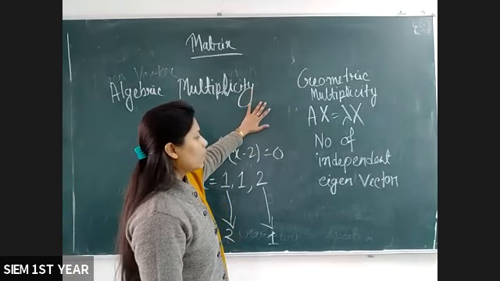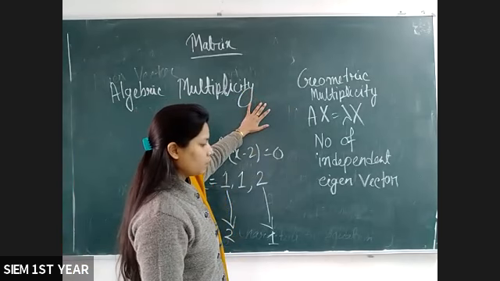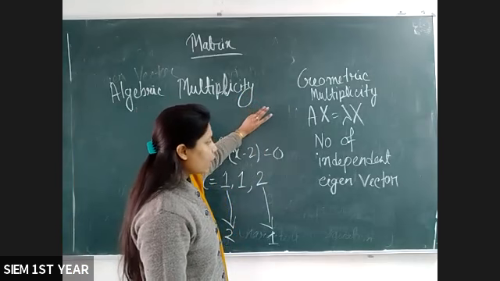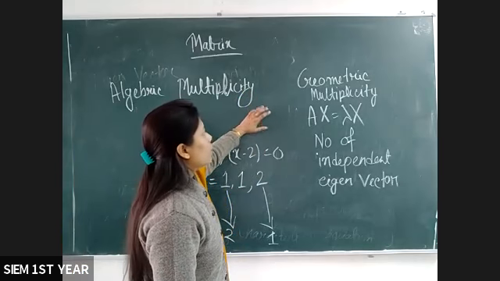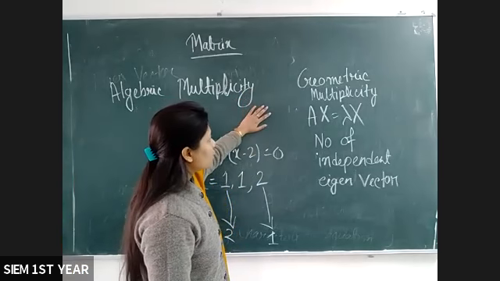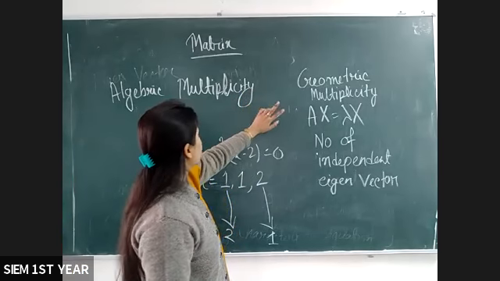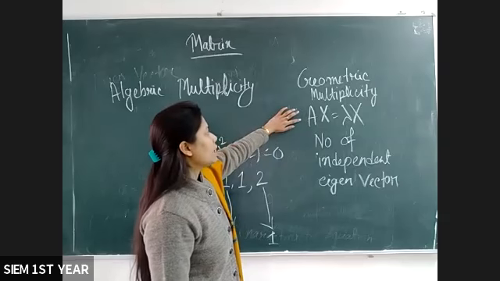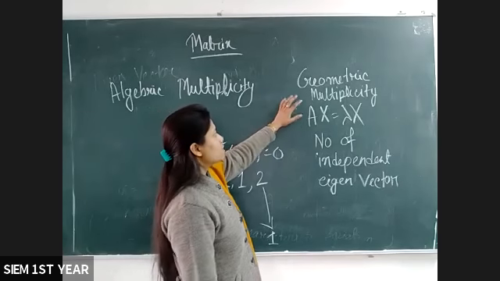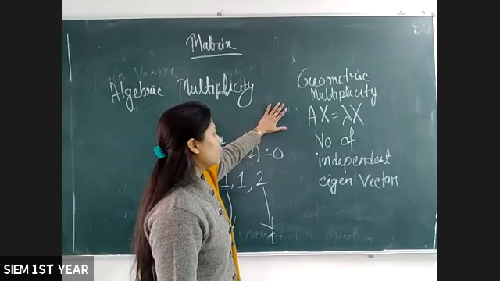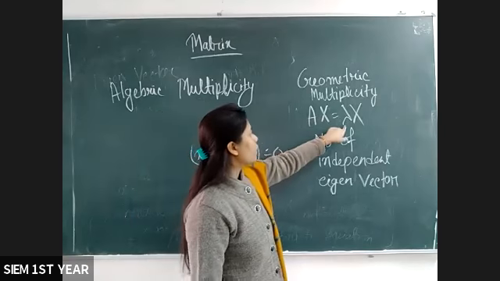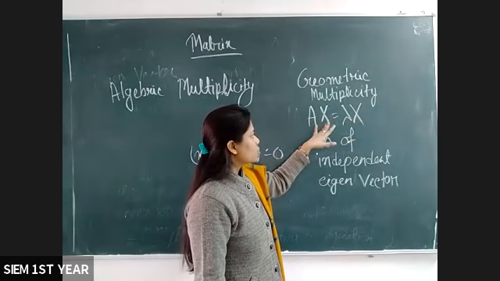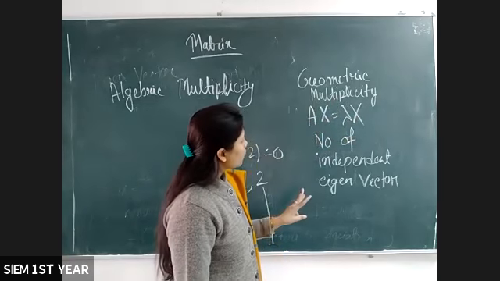If A is a 4 by 4 square matrix, you get 4 eigenvalues. If it is a 2 by 2 matrix, you will get 2 eigenvalues. For each eigenvalue you get one eigenvector, so totally you get 3 eigenvectors.